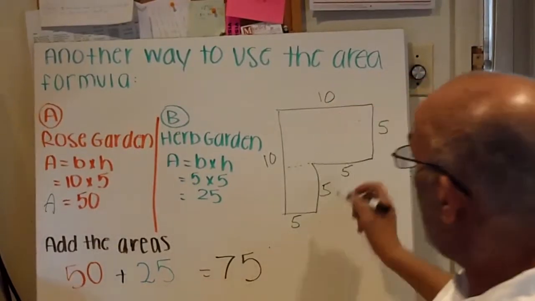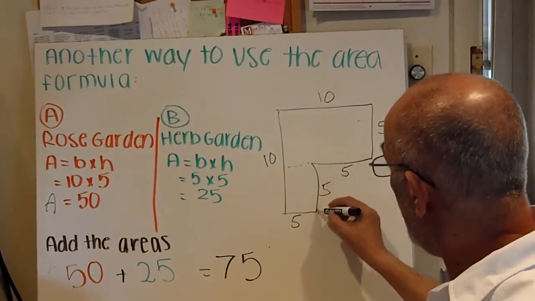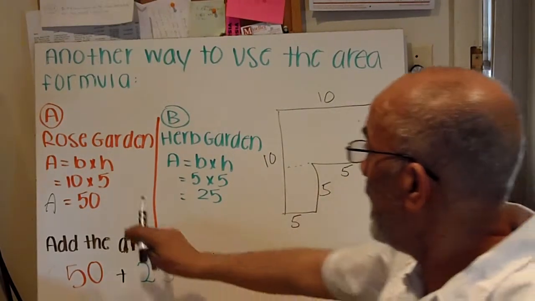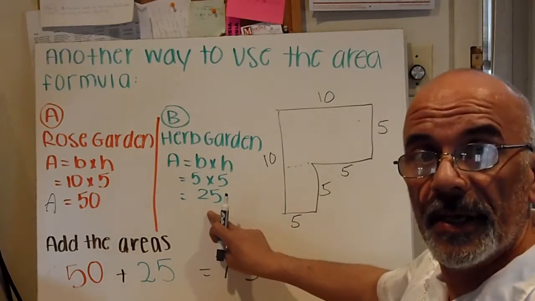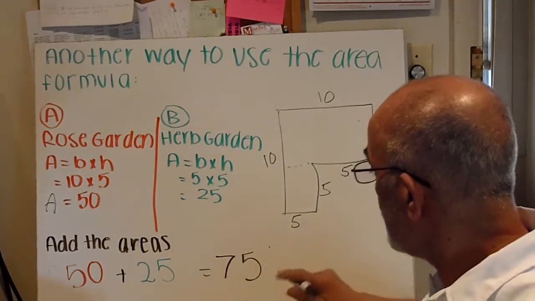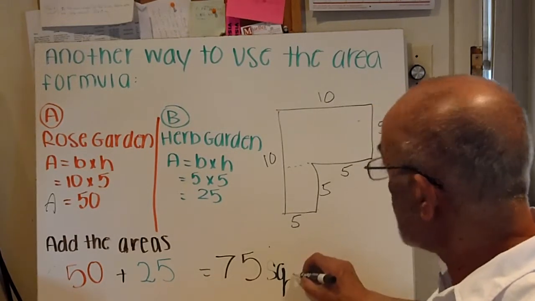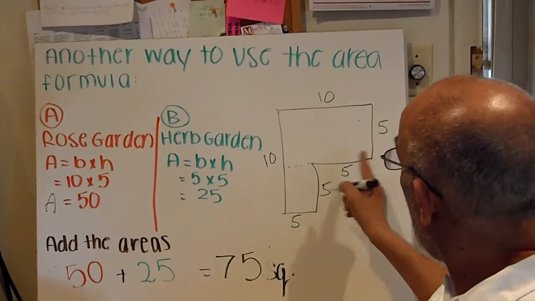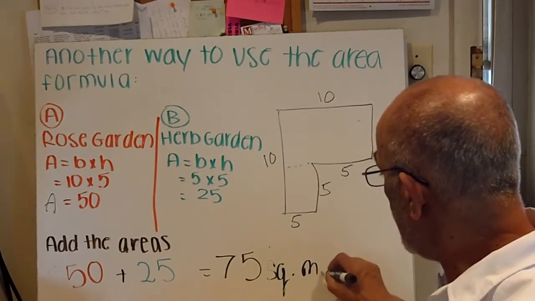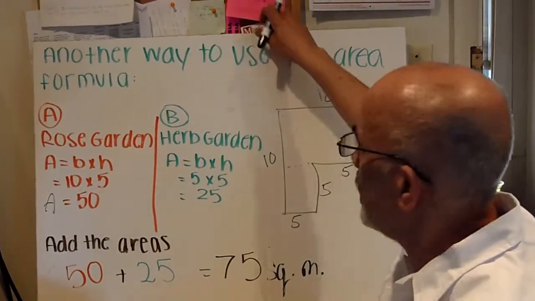Then we had the bottom, which is 5, this length, plus the base. 5 times 5 equals 25. Then we'll add those two up, which gives you 75 square meters.